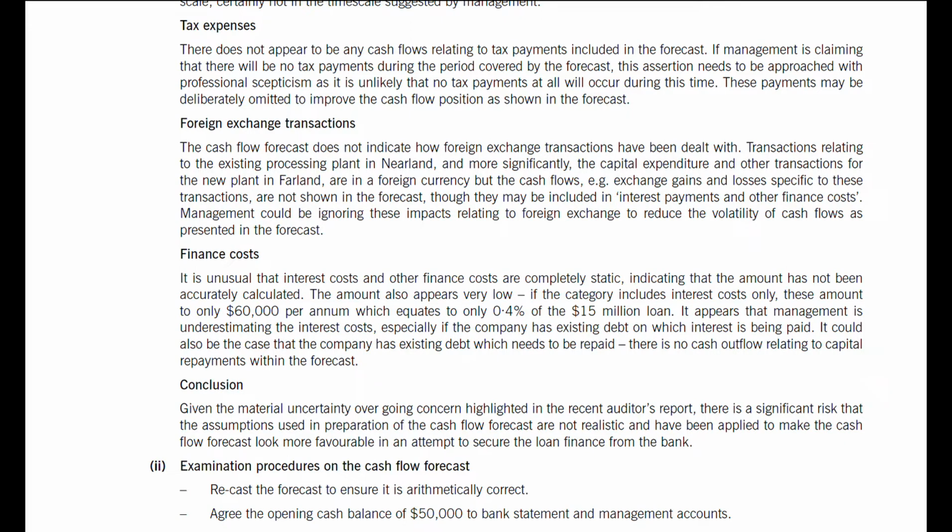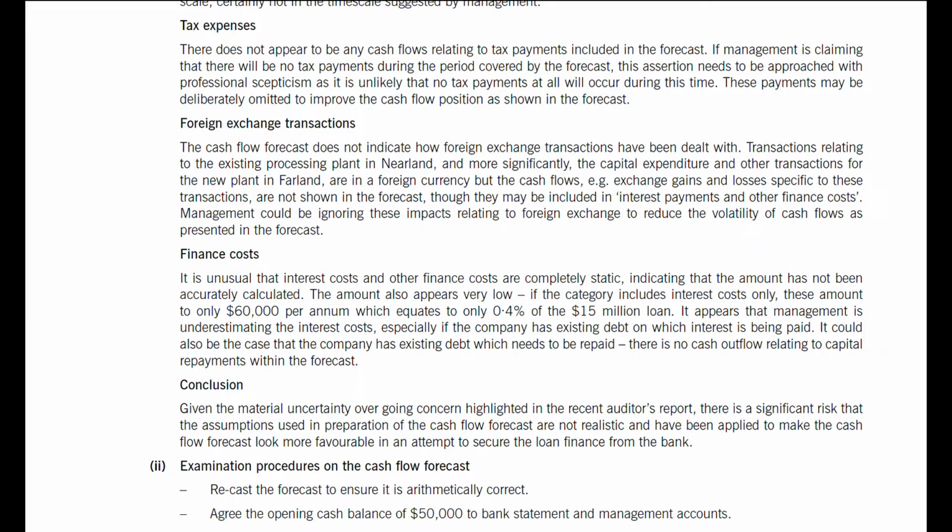Finance costs. It is unusual that interest costs and other finance costs are completely static, indicating that the amount has not been accurately calculated. The amount also appears very low.